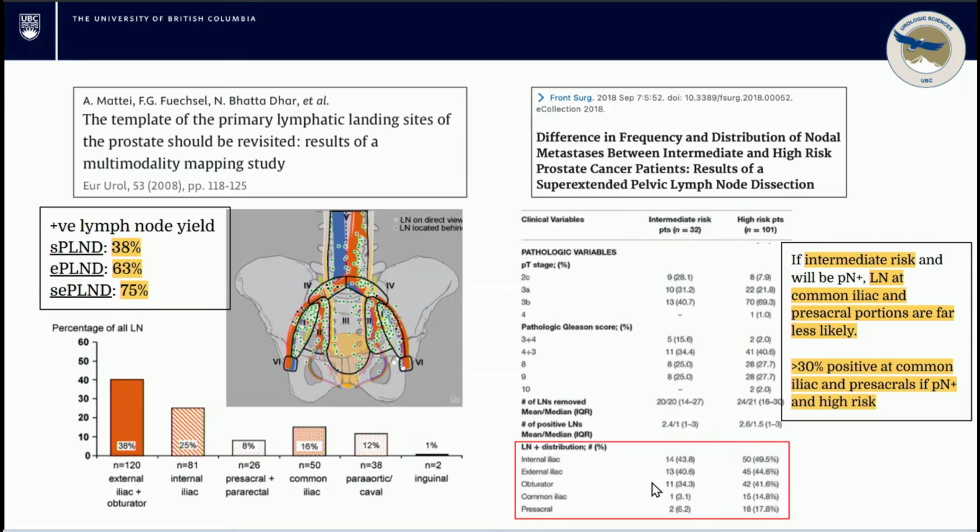But there does appear to be a difference in that there's barely any involvement of the common iliac or presacral if you are intermediate risk. But there is certainly more likely to be involvement if you're high risk. So remember that the denominator here is all just the PN positive. So this is a proportion of those who have any lymph node metastases at all.